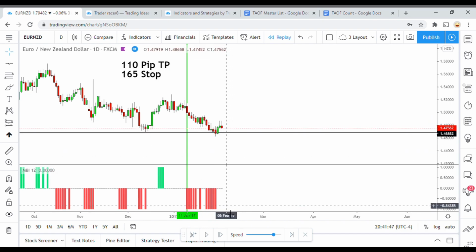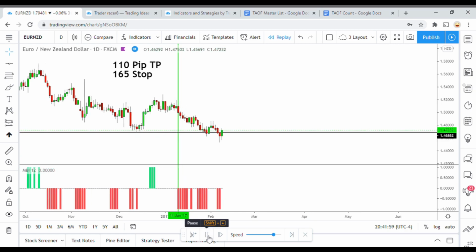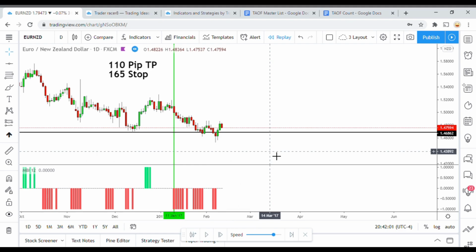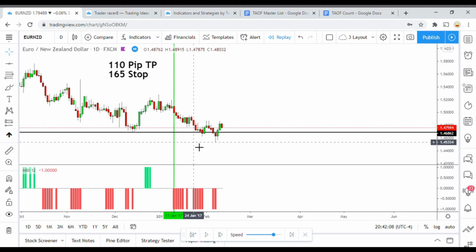That could very well mean that the market makers are looking to push this back to the upside. Let's watch it here a little bit and see what happens. And so, let's see, we're still on a short here.